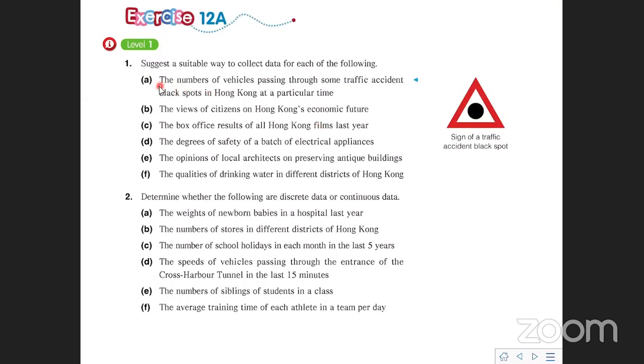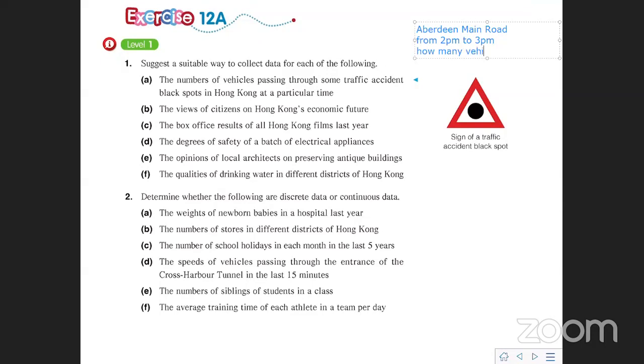For example, you need to suggest a suitable way to collect data for each of the following. If you want to know something about the number of vehicles passing through some traffic accident black spots in Hong Kong at a particular time, say in Aberdeen Main Road, do you know where this is? And the busy time may be from 2 p.m. to 3 p.m. Then you want to know on that road how many vehicles.